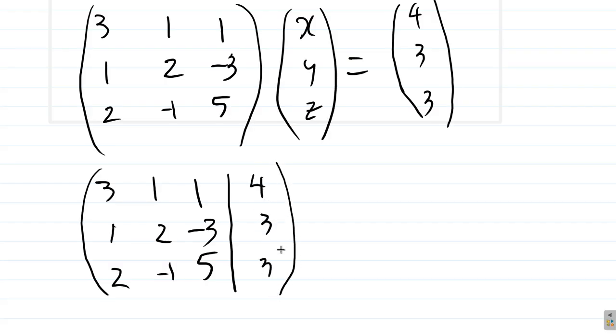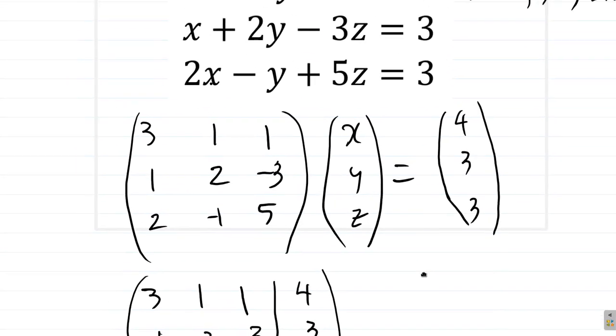So you see, when you're working this out, you don't have to be writing the x, y, and z anymore. You know the x, y, and z is there, right? We don't have to keep writing it because that would make a lot more writing and a higher chance of making a mistake.